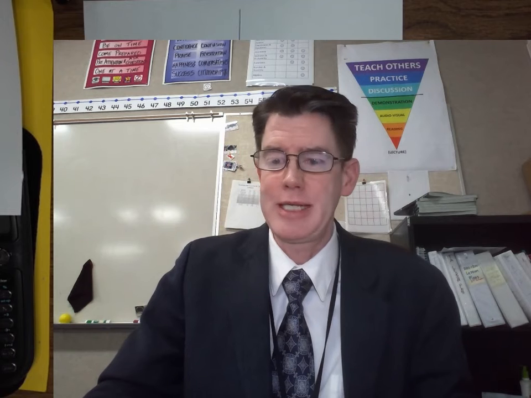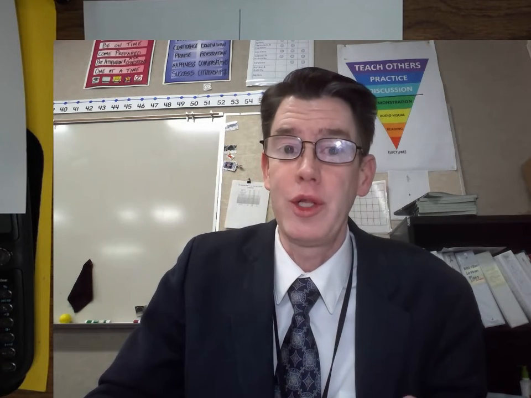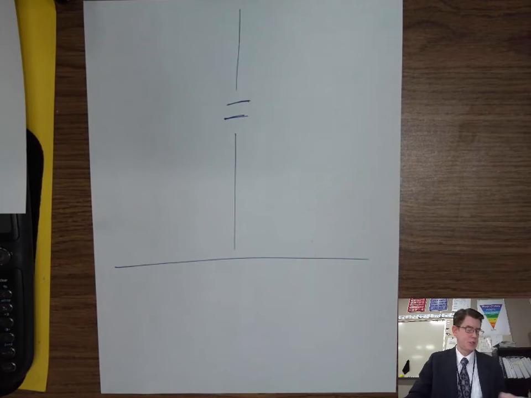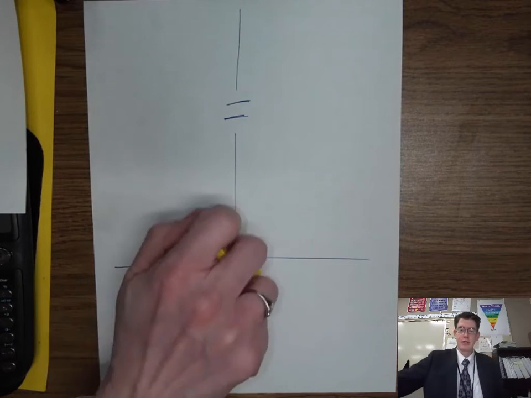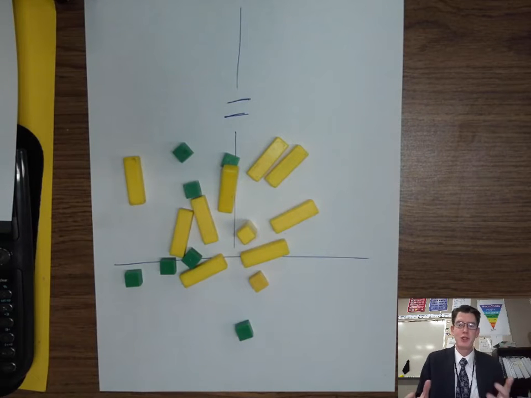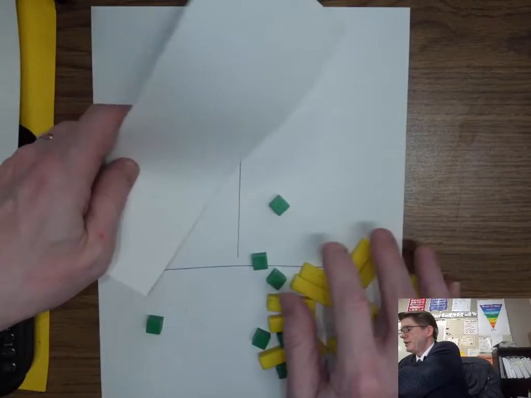But I'm just going to take a couple seconds here and show you a way to pictorially, or with pictures, look at equations. So here's what we're doing. We're using these pictures to denote certain things. These long yellow items we're going to call the variable.